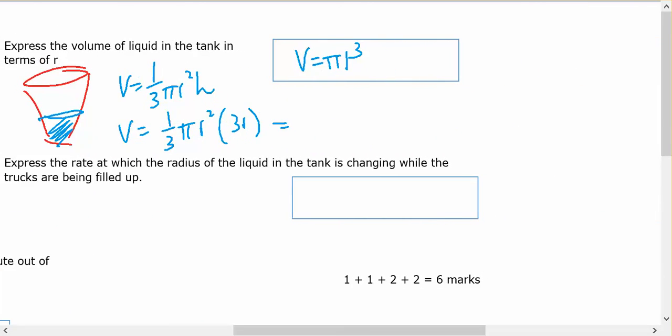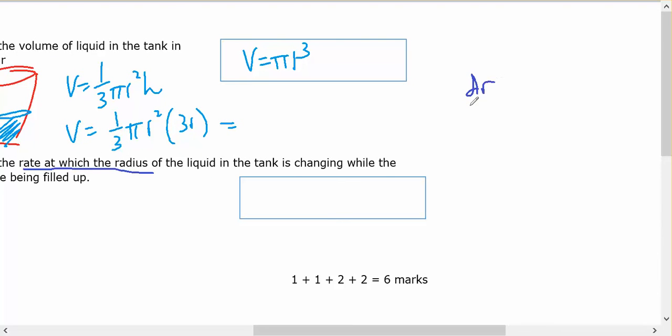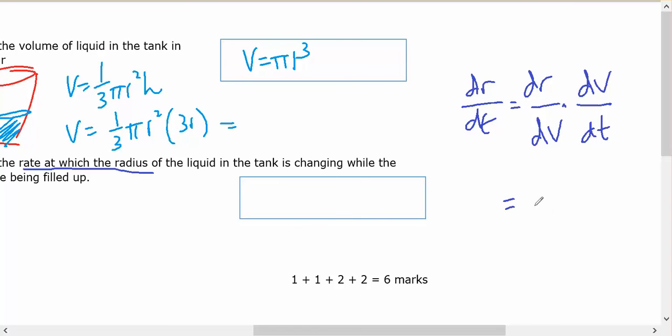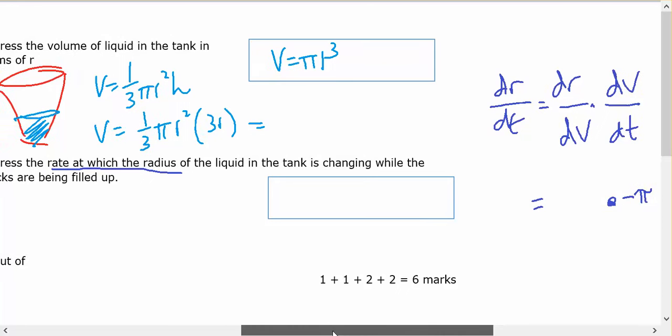And now the question's asking about a change of rate. What is the rate at which the radius of the liquid is changing? So dr/dt will be the chain of derivatives, dr/dV times dV/dt. Now I know that it's losing pi cubic meters per minute, so that's minus pi.